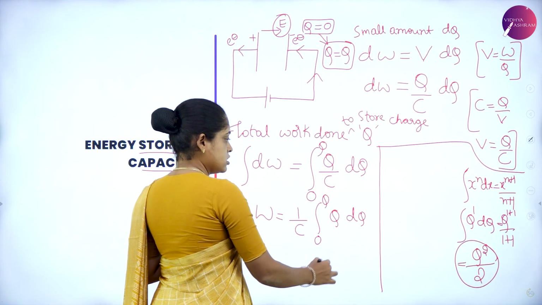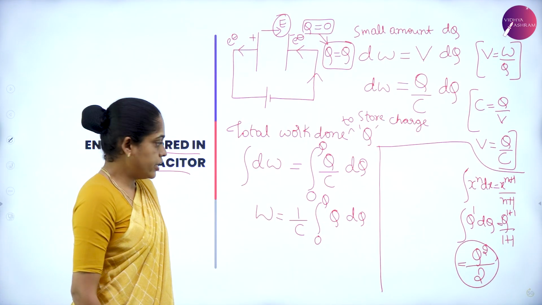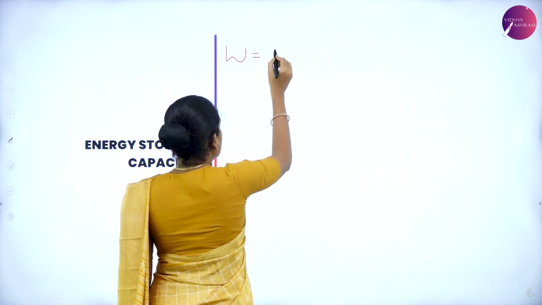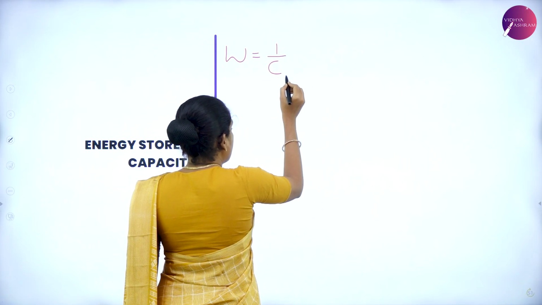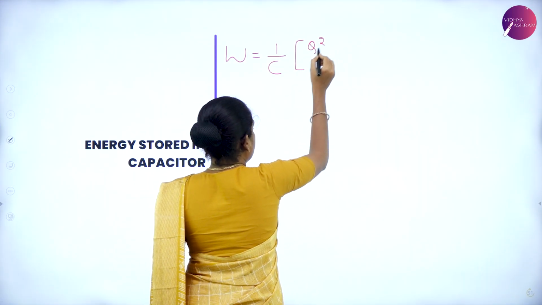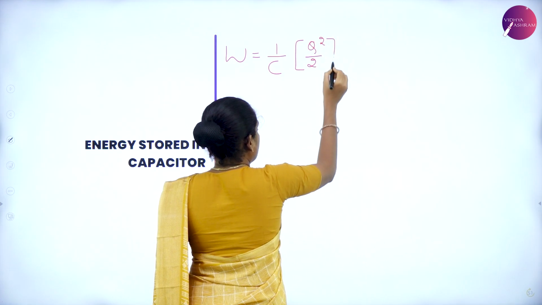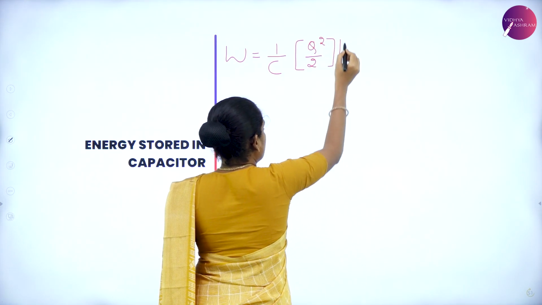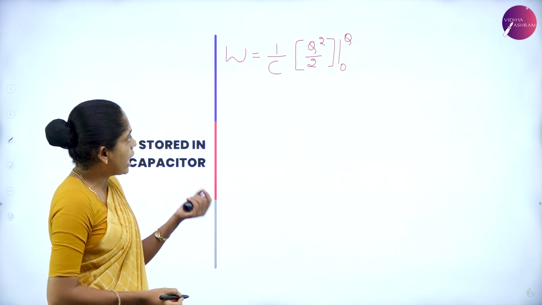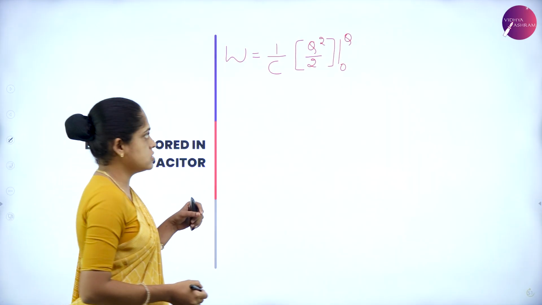So replace this by the answer. So work done is equal to 1 by C, and the integration answer is Q square by 2, from 0 to Q. After integrating, you have to apply the limits.